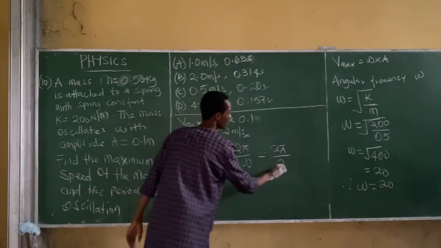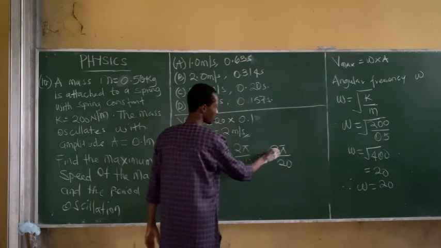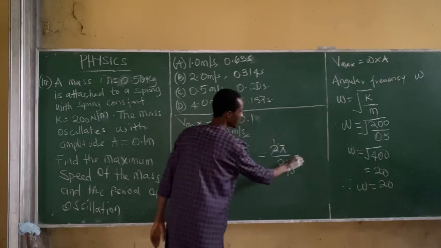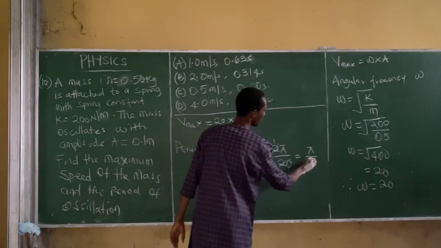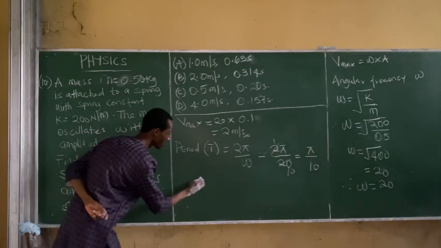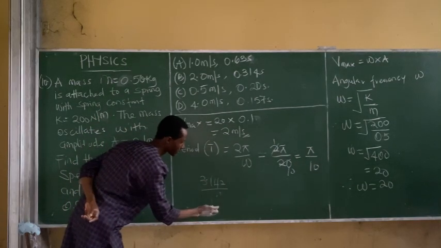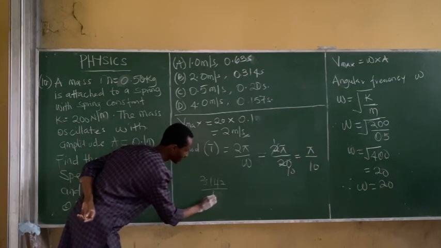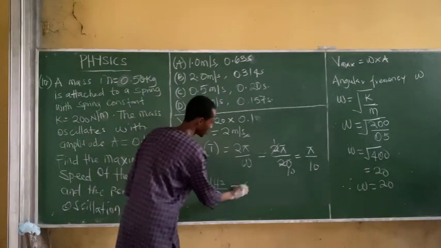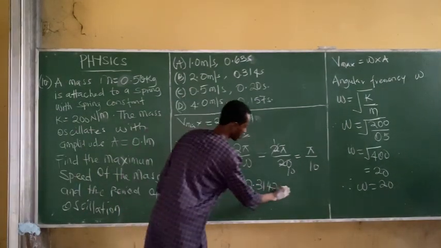So we have 20 here. 2 divided by 20, 2 goes there 1, 2 goes here 10. So this is pi over 10. Pi, we know pi to be 3.142, right? Divided by 10. 3.142 divided by 10 will give us 0.3142. This is in seconds.